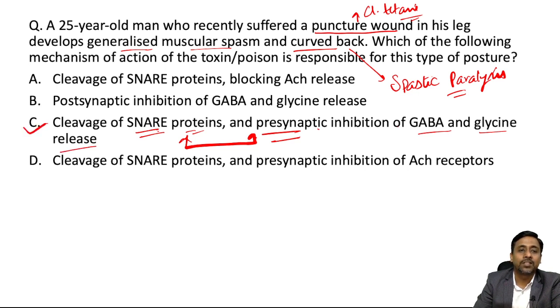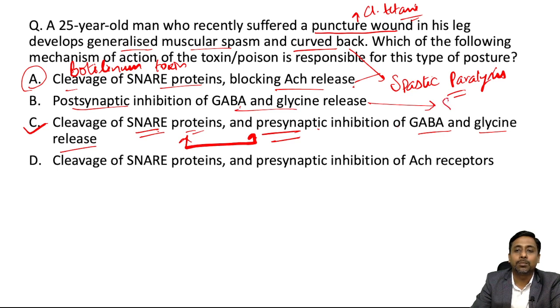So what is the first one? This cleavage of SNARE protein blocking ACh release, this is the mechanism of action of botulinum toxin. Okay. And this postsynaptic inhibition of glycine and GABA release, this is because of strychnine poisoning.